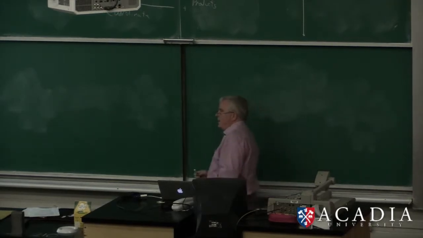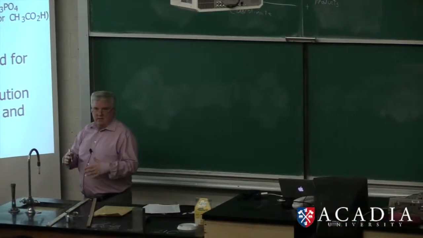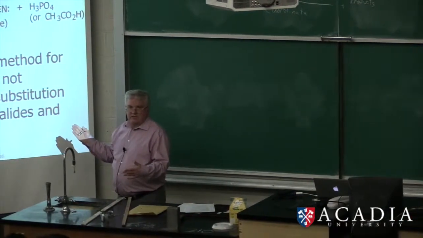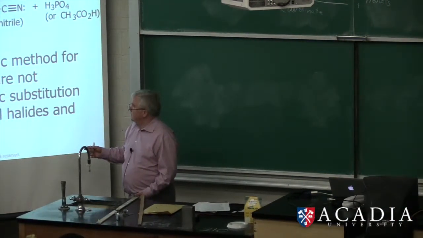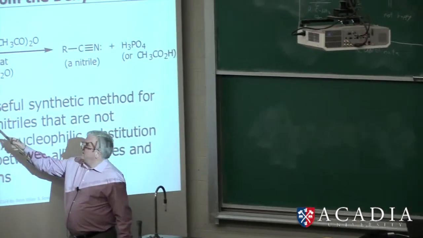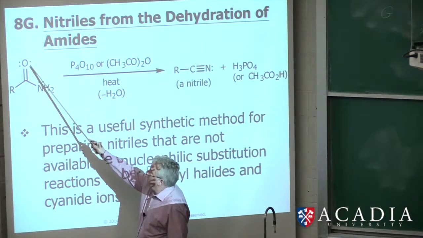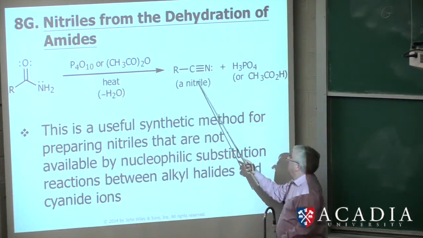We can dehydrate amides. One way of dehydration would be breaking it back into the carboxylic acid. I'm sorry, that would be a hydration. We can dehydrate an amide by removing two molecules of hydrogen and a molecule of oxygen and form a nitrile.